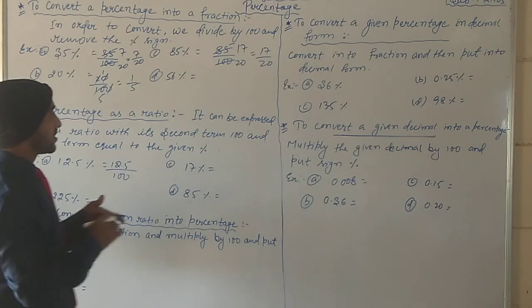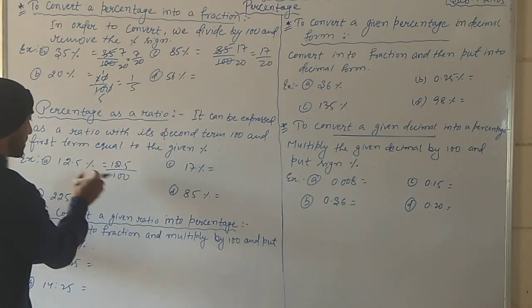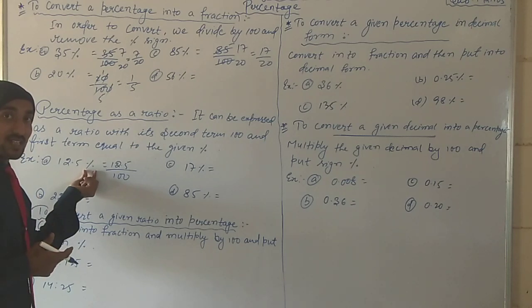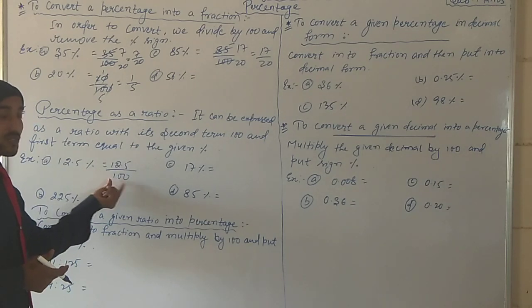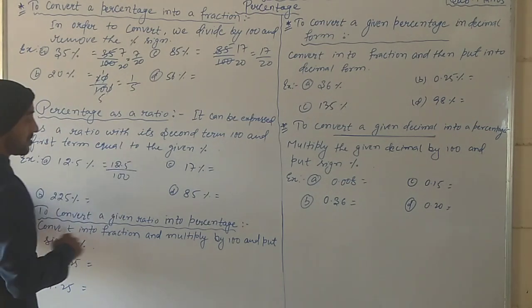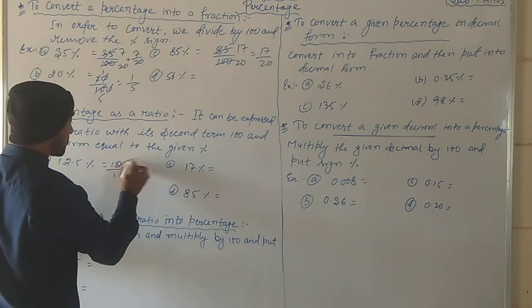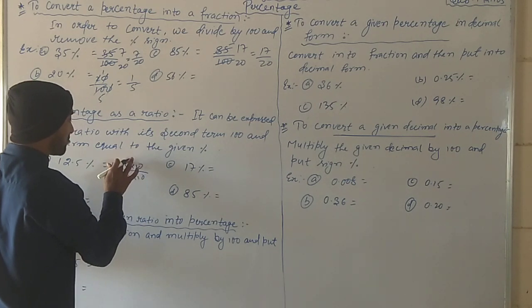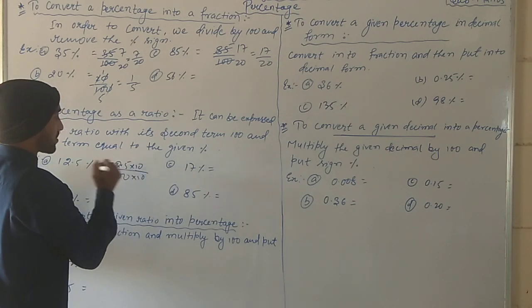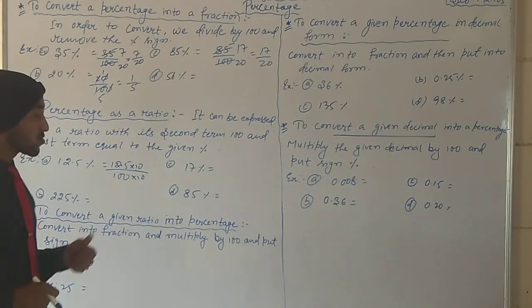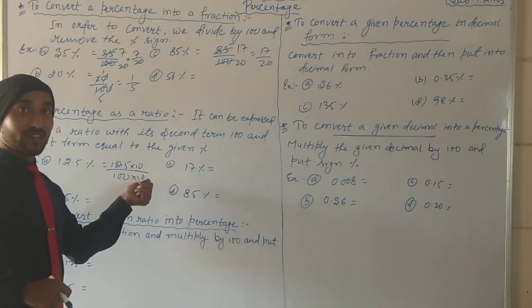Now, here it is 12.5, so the point must be removed. For removing it, we multiply by 10, because after the point only one decimal digit is there.